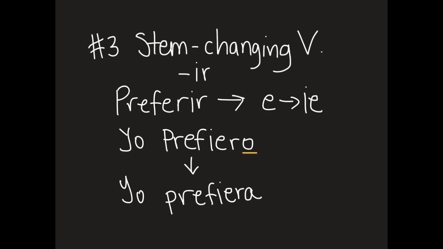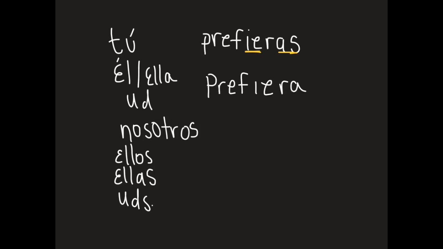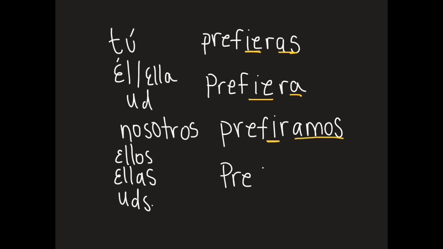So it would be yo prefiera, tú prefieras, and notice that the stem change pattern continues. Él, ella, usted prefiera. But in the nosotros form, prefiramos, we only change the stem half. So we only use the i. And then we go back to ellos, ellas, ustedes prefieran.